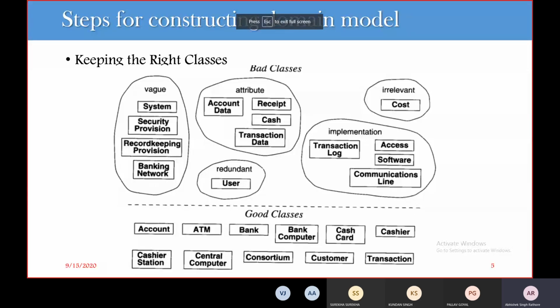So firstly, we have to identify the redundant classes. When we have two classes representing the same concept, we have to remove one of them. We keep the class that is more descriptive. For example, consider this airline example. A customer may be one class and the passenger might be another class.